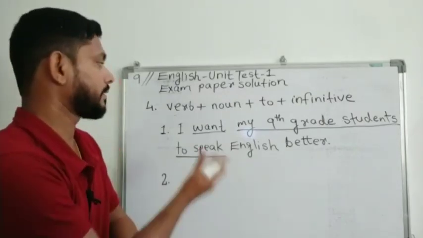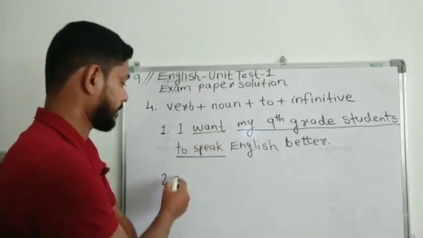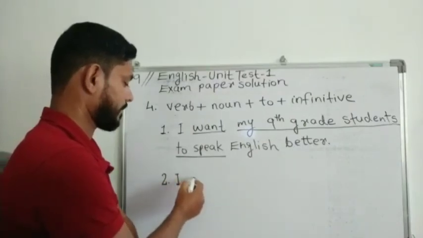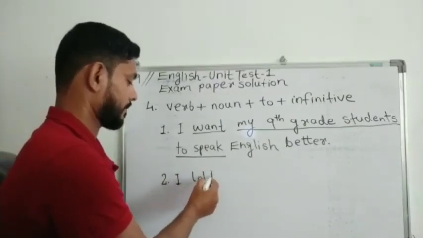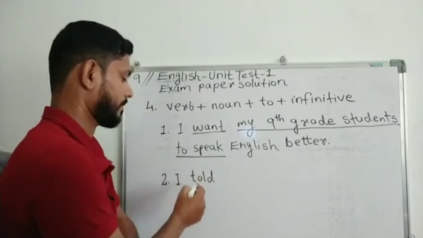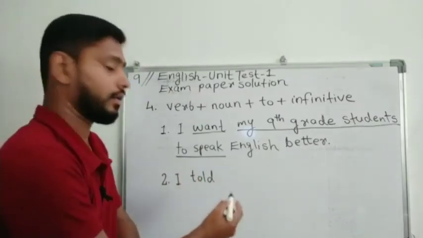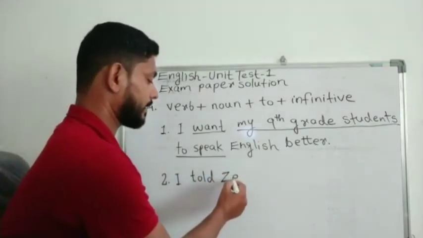Let's see the next sentence. I told Seal, Seal is the name of a girl.